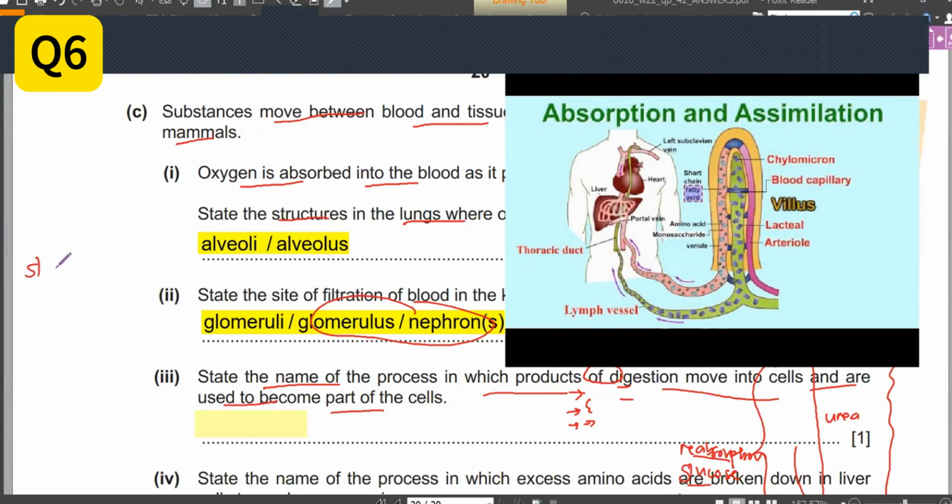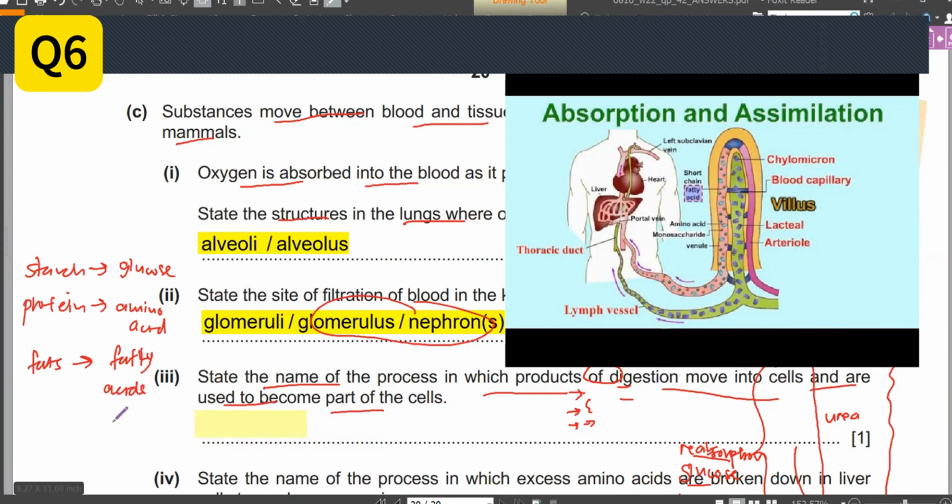Starch eventually becomes glucose, protein eventually becomes amino acids, and fats become fatty acids and glycerol.